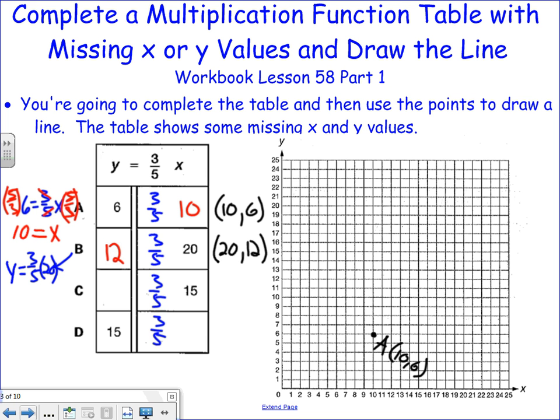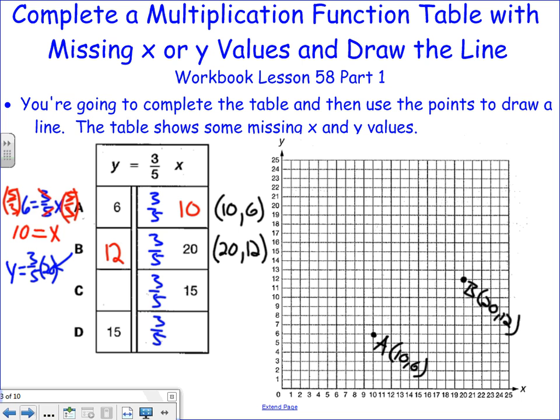Point B is at 20, 12. So I'm going over to 20 on the X, and then I'm going to go up to 12, which is right there. I'm going to label that B, and I'm going to put my coordinates there, 20, 12.